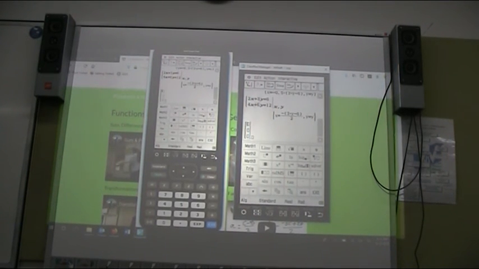So the first one was x plus y plus z equals 6. The one underneath, 2x plus z equals 4.